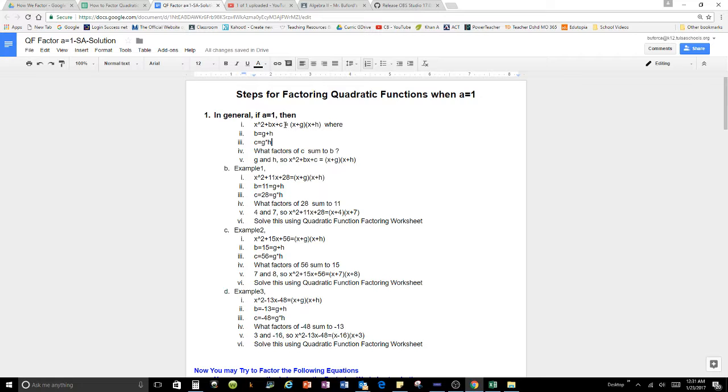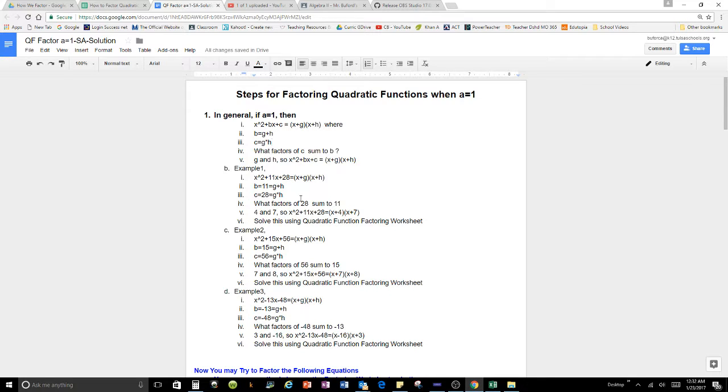In our quadratic function, b is going to have a value and c is going to have a value. And whatever b and c are, we can get g and h by looking at what c and b are. Again, c is always going to equal the product of g and h, and b is always going to be equal to the sum of g and h.